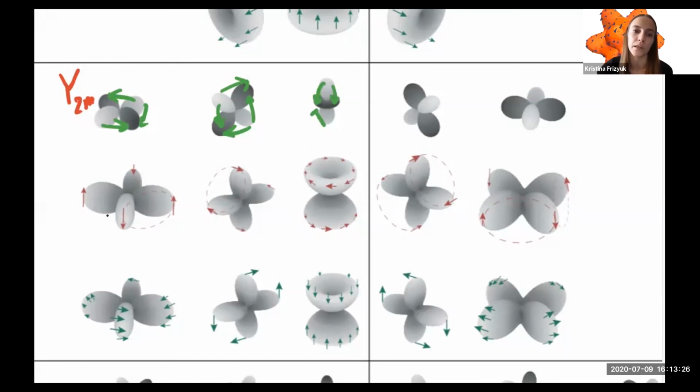Now this is the electric field of the magnetic dipole, and this is the magnetic field of the electric dipole. Very simple, and that's why I only talk about the electric nature. And magnetic multipole arrows are always perpendicular to the electric multipole arrows.